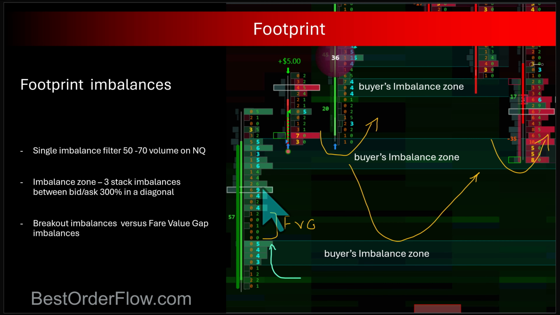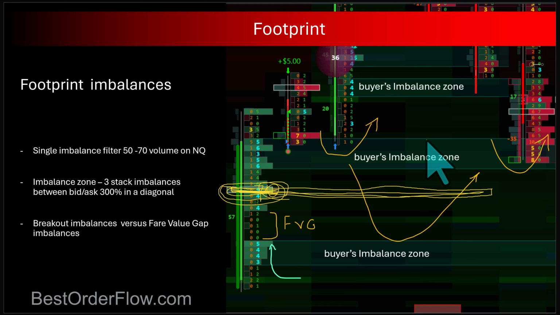Now imagine, because these are imbalance zones, right? Imagine that this is like 70 over here, and that becomes the single imbalance. It's going to be only one tick, a single imbalance. It's going to be green. And usually this single imbalance is in the zone where you can mention three or more, a stacking one, stacking a second, stacking another one.